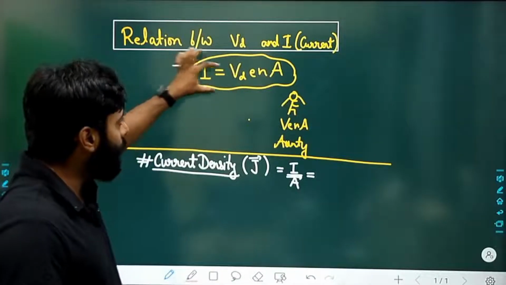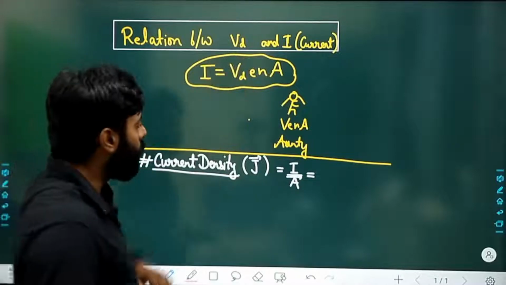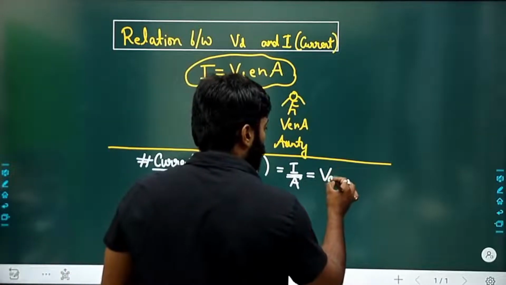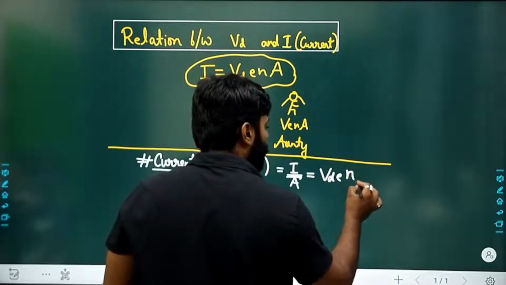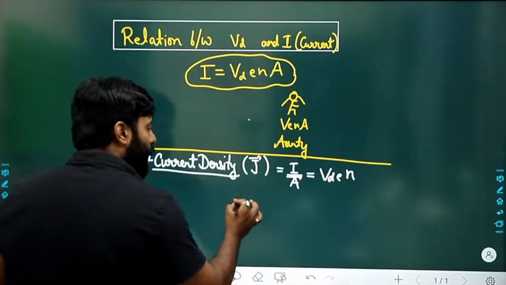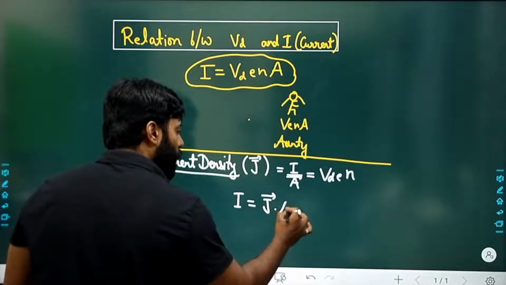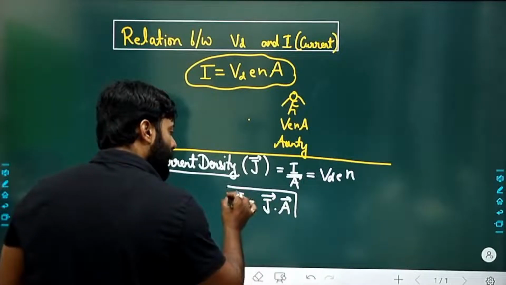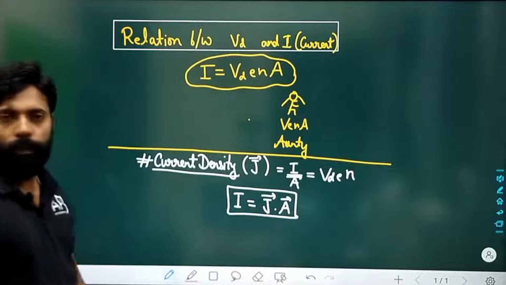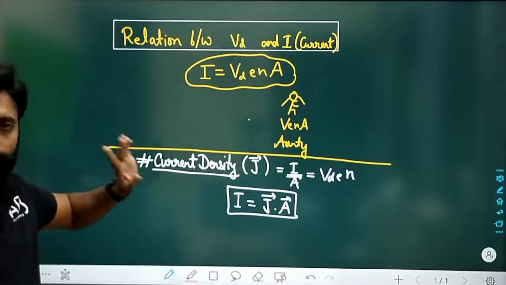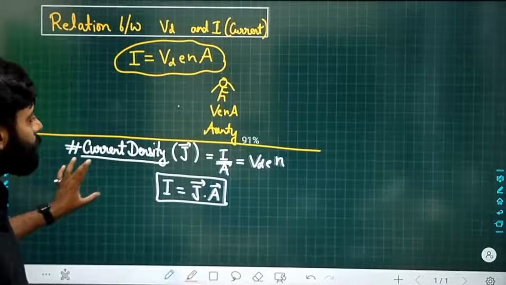If I am finding I by A from here, I'll be getting the formula as VDEN. The correct way to write a current is I is equals to J dot A. So current density is this. I hope that this thing is clear to you.